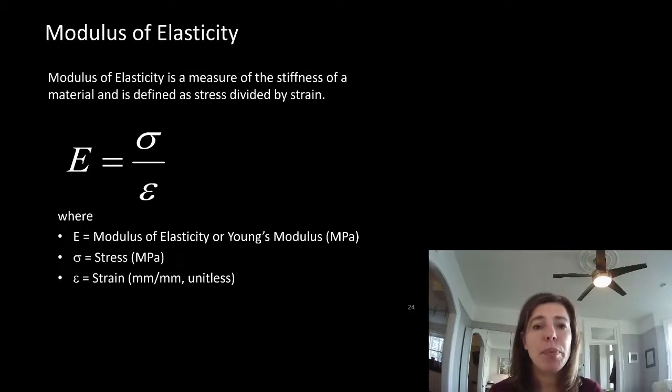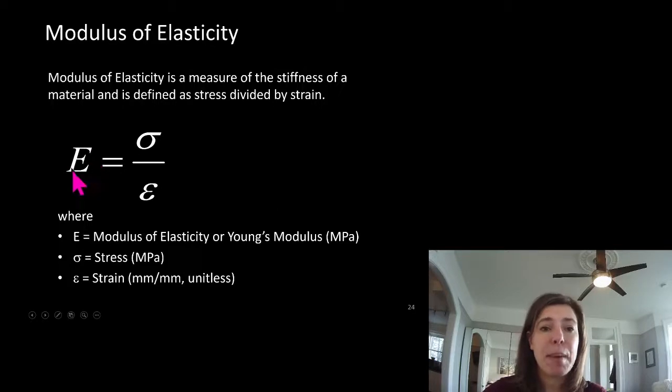The relationship between stress and strain is stress divided by strain, and we refer to this as the modulus of elasticity. The modulus of elasticity is the measure of the stiffness of a material, and like I said, it is stress divided by strain. So modulus of elasticity, big capital E, and depending on the material, we might even give it a fancy name. Like for steel, we talk about the Young's modulus.